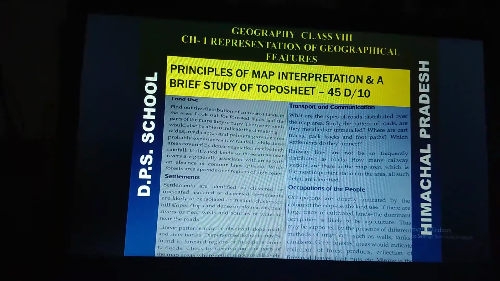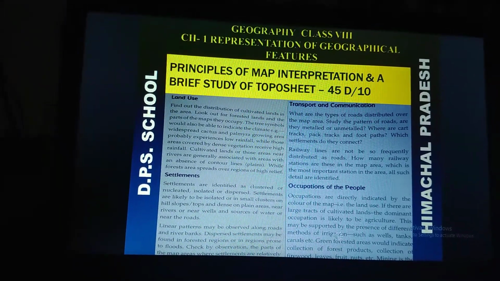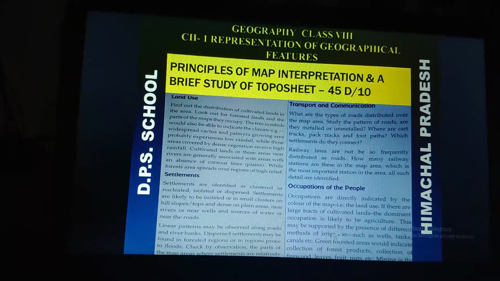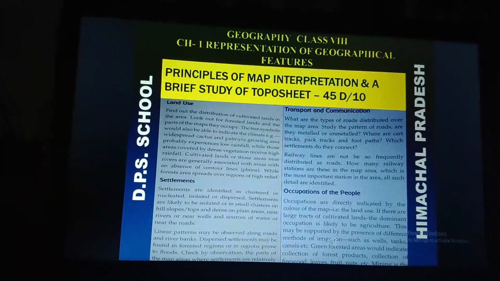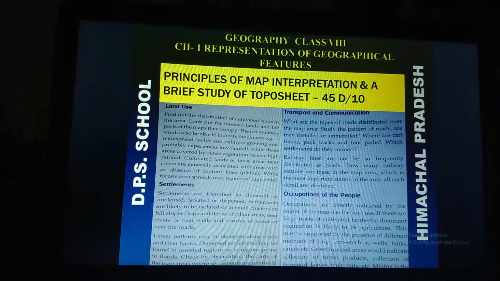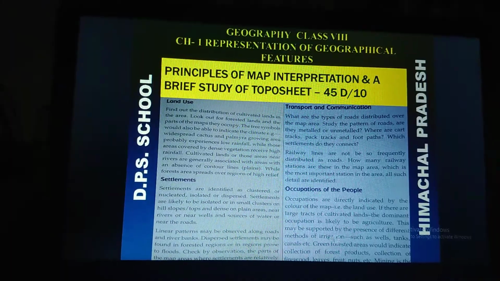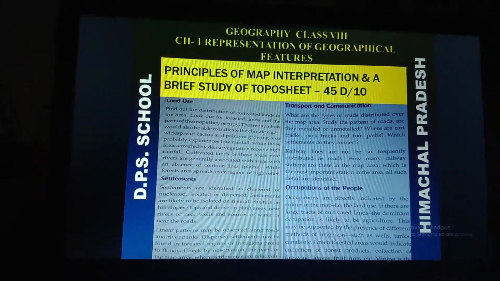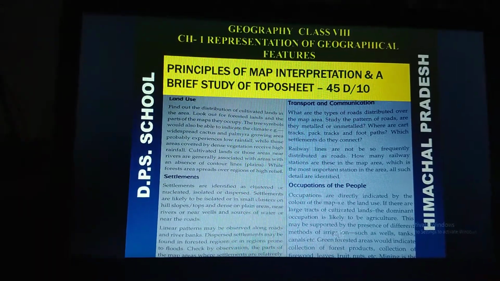Mining is also one of the possible occupations where there are quarries and mines. Large cities may have industries, the names of which will be printed on the map. Towns may also be administrative centers. Please note this, this is a very important point.